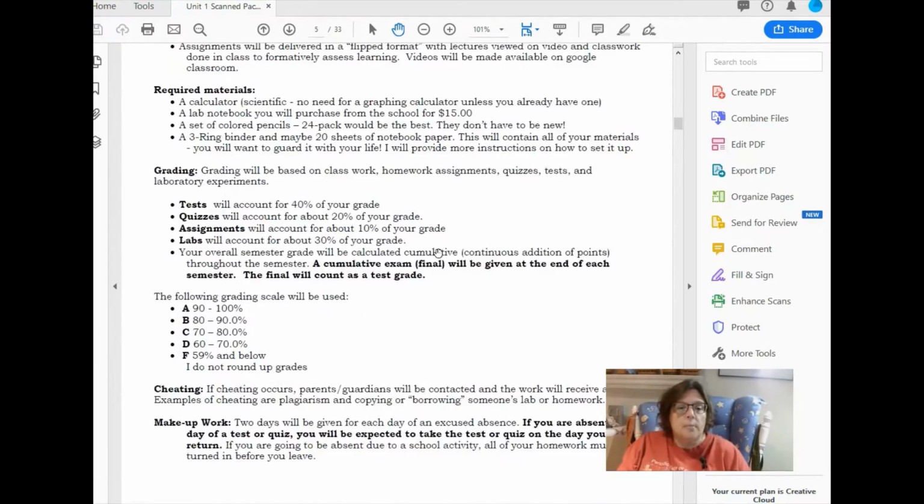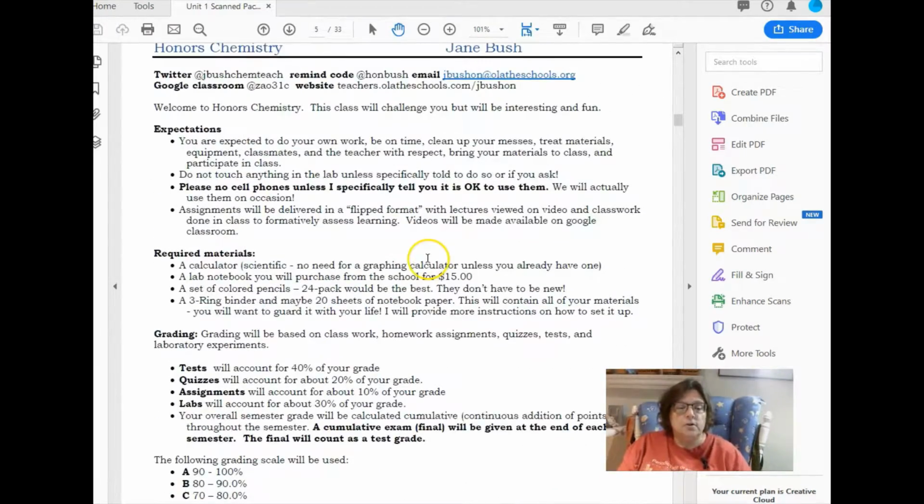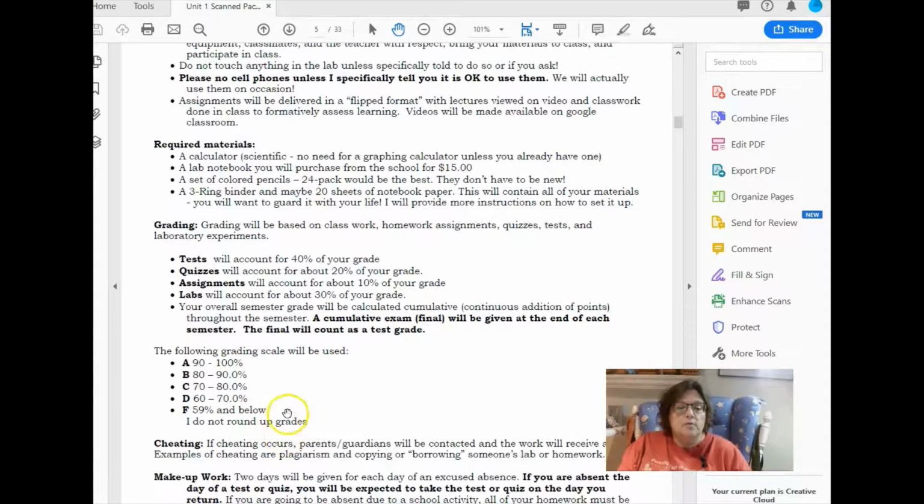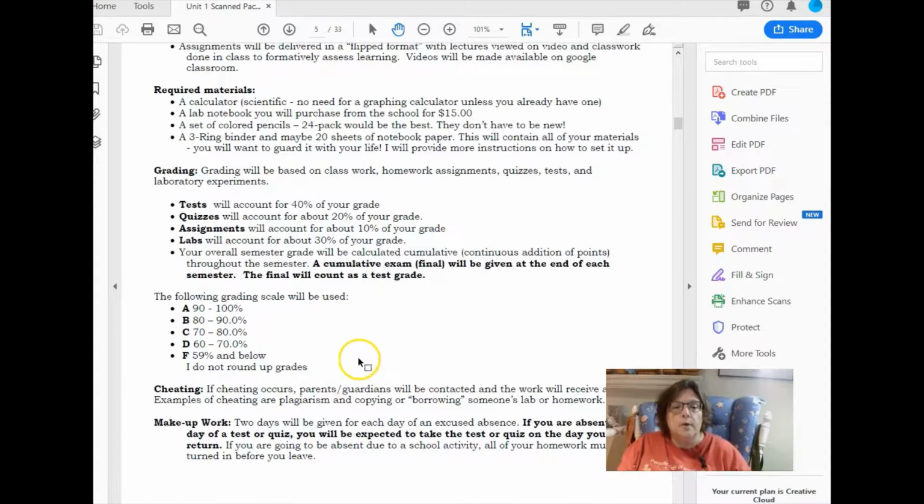Okay? The couple things that I am going to go over on here, the way I break up tests. Tests will account for 40% of your grade. Quizzes are 20%. I don't know why it says about, because it's not about. It is 20%. Assignments are 10%. Labs are 30%.